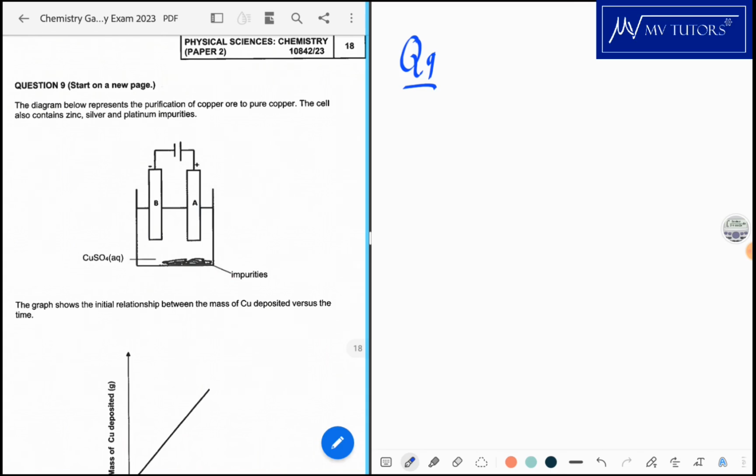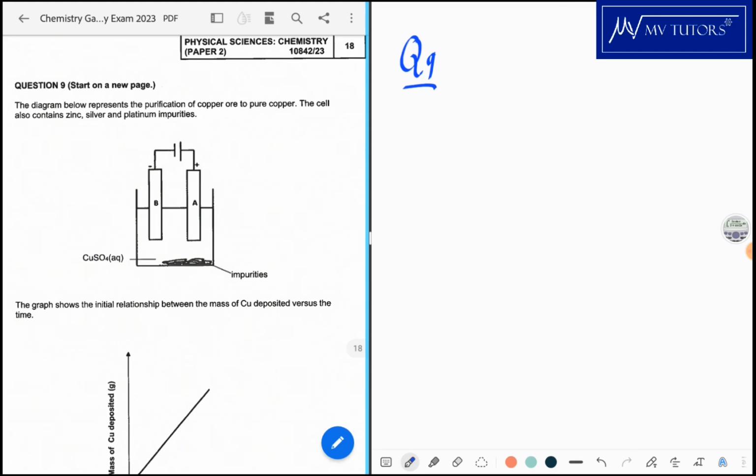Question 9. This is the last question for the chemistry paper. All right, so it says the diagram below represents the purification of copper ore to pure copper. The cell also contains zinc, silver, and platinum impurities. Okay, so having a look at our electrodes, we know that in an electrolytic cell, the electrons flow from the positive terminal to the negative terminal.